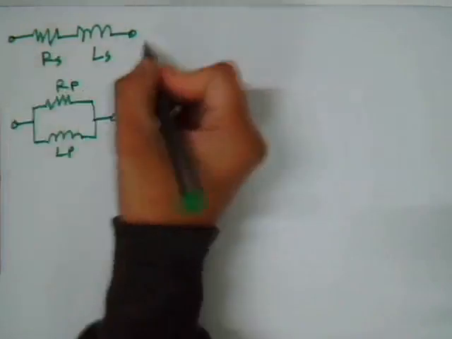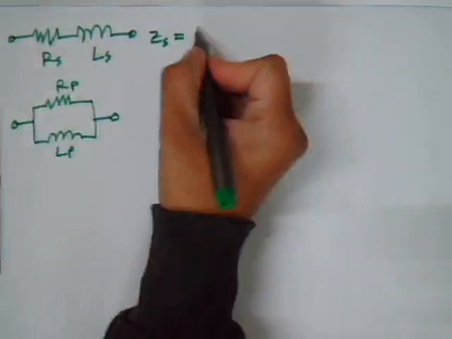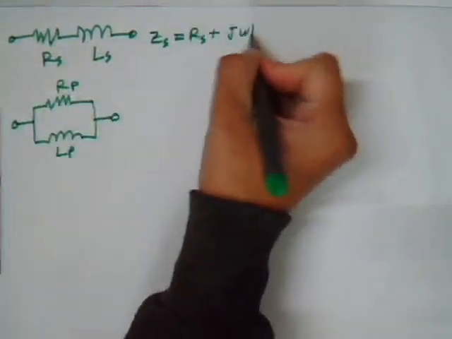So I start with, say, Zs, the impedance for this circuit, which is Rs plus j omega Ls.